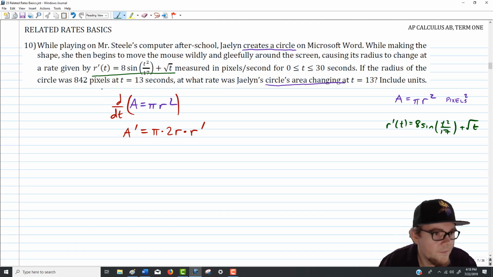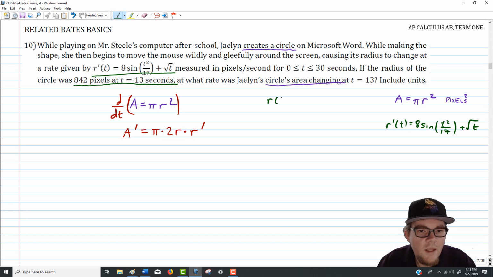It also says that the radius was 842 pixels at t equals 13. So in a sense, what that's telling me is that r of 13 is equal to 842. So we can call this r, because that's our specific snapshot moment that we're interested in.